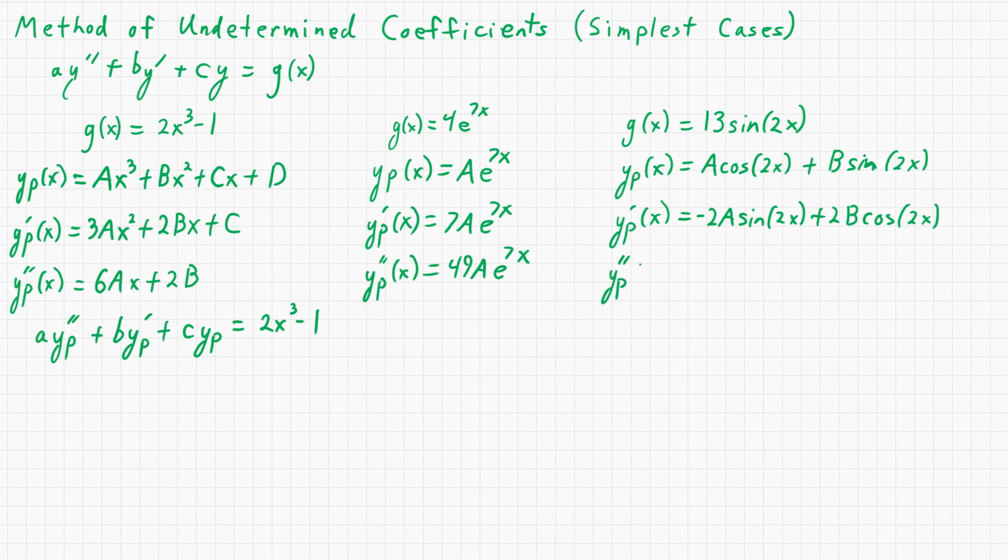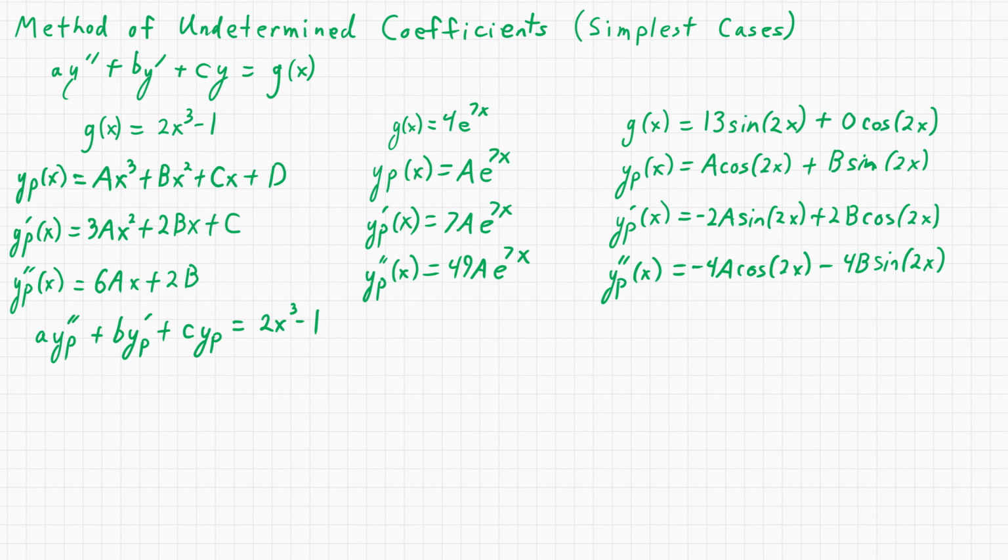Here we have y particular double prime of x, that's going to be negative 4A cosine of 2x minus 4B sine of 2x, because the derivative of cosine is a negative sine, and the 2 comes from the chain rule. And really here, if I only picked one half of it, if I pick just cosine or just sine, I'm going to get this contaminating term in the middle. So we actually need both. And we're really solving for 13 sine 2x plus 0 times cosine of 2x in this example.